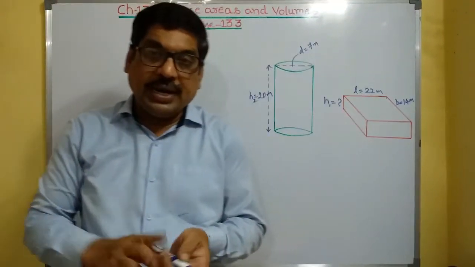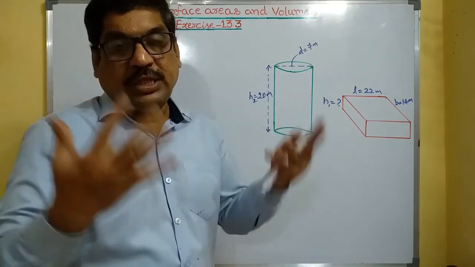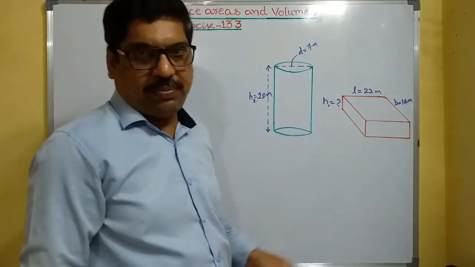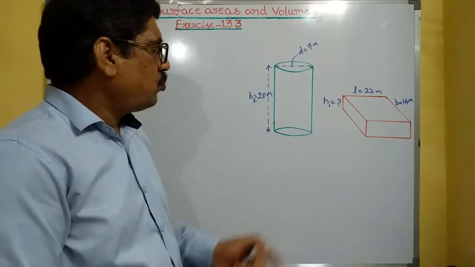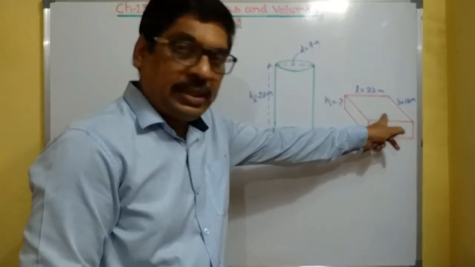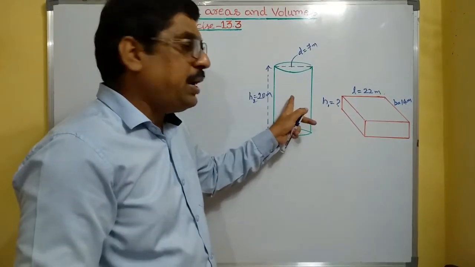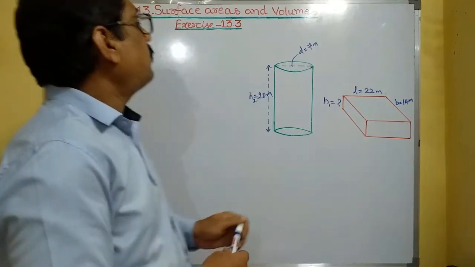So when we dig a well, we get some earth, the soil. That soil is made into a platform in this shape, so it is in the shape of a cuboid, made up of the soil which we get by digging the well. So the volume of the soil.